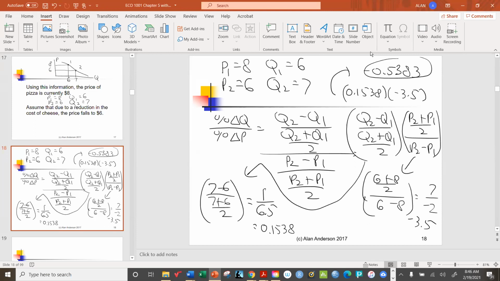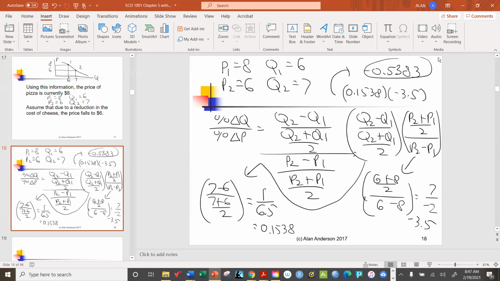Okay, so that wasn't so bad. That wasn't so painful. Now you don't have to do it this way. You can plug in the numbers yourself and do it algebraically, but I kind of like the idea of doing it in stages, because then I think that helps reduce the risk of errors. I don't know if you agree with me. That's okay. You can do it however you like, but I kind of like this approach.